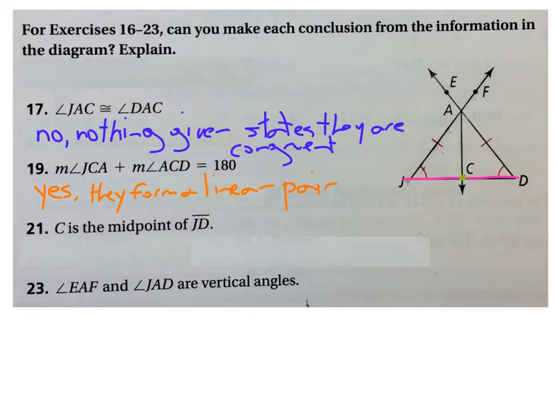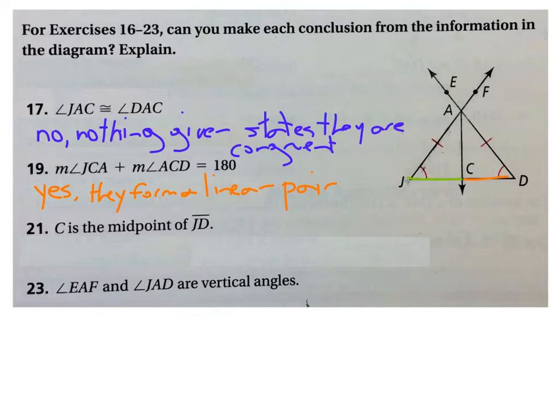Well, I know that it appears that it's kind of landing in the middle, but we are not told that the two segments that are formed, JC and CD, are congruent or equal in measure.